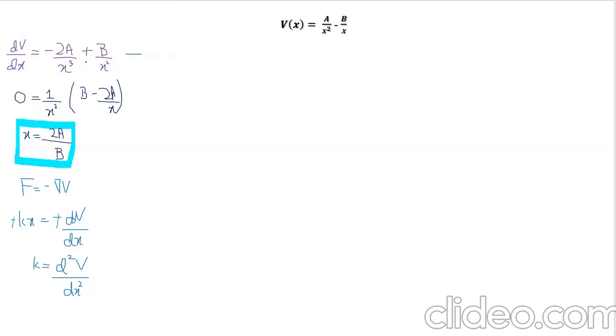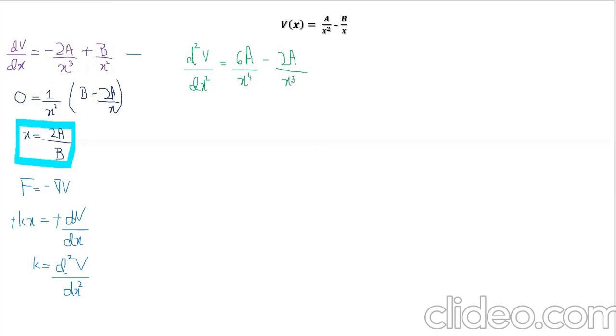When we take the derivative of this term, we get d²V/dx² = 6a/x⁴ − 2a/x³.